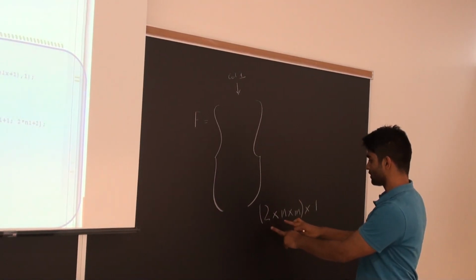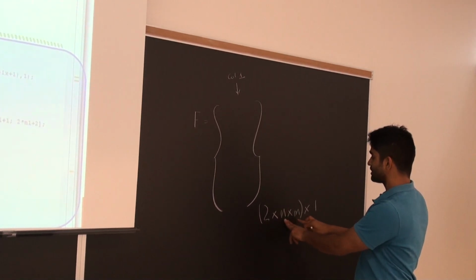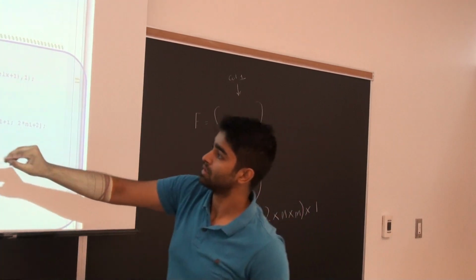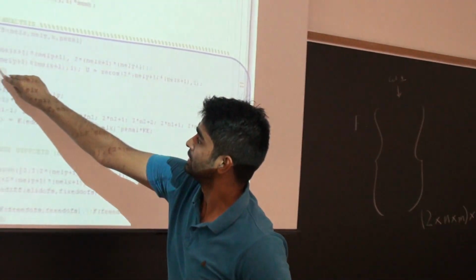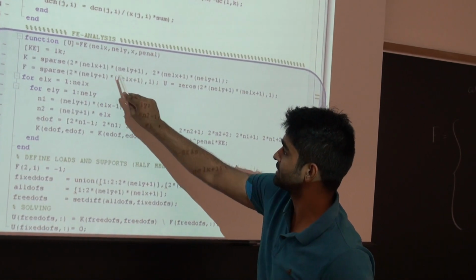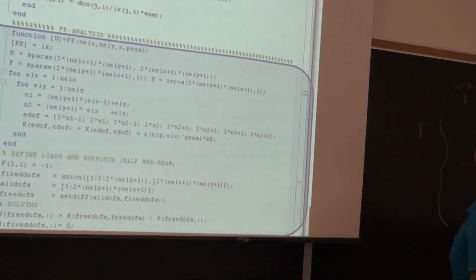It consists of 2 cross n cross m, or 2 cross total nodes in x, total nodes in y, comma 1.